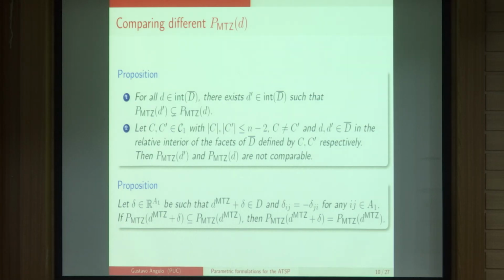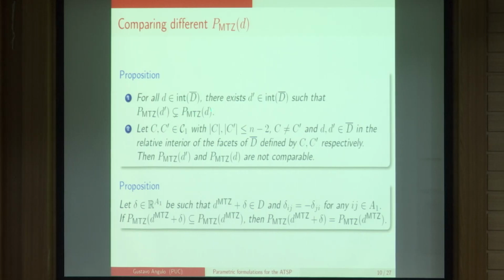Because the parameter D is 1 over n minus 1 for the original version. And it turns out that everything that is in the interior is not comparable with any other choice of the parameters. Okay, so if we try to get something that is not dominated by anything else, we have to be in the border of the set, right?